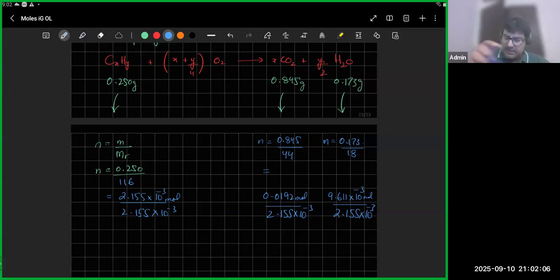ठीक है but एक सेकंड. अच्छा मुझे numbers बताओ. What are we getting? This is 1 mole, right? What are we getting over here? क्या है?